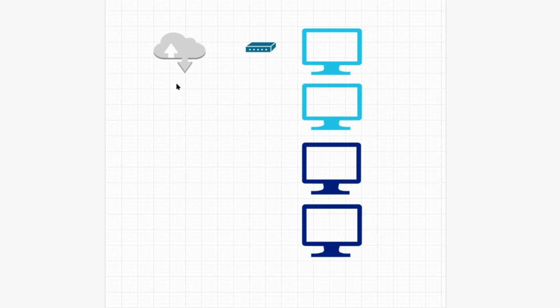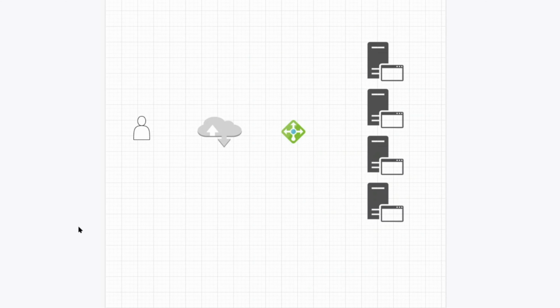All right, so now we know what a forward proxy is. Let's now talk about a reverse proxy. In a way, the reverse proxy is kind of the opposite of the forward proxy, wherein a user goes to the internet, tries to connect to a load balancer, and the load balancer in turn sends the request over to all of these servers.